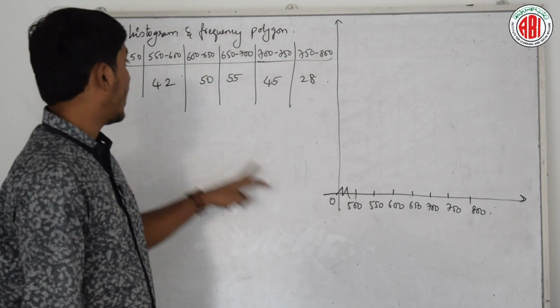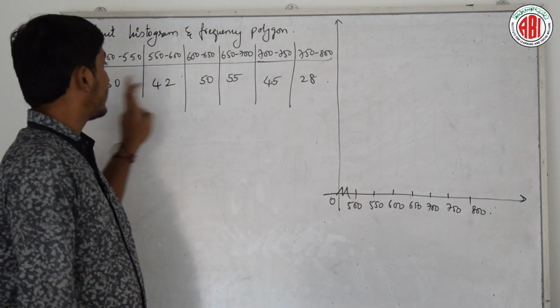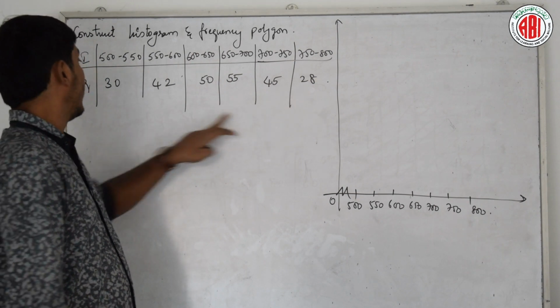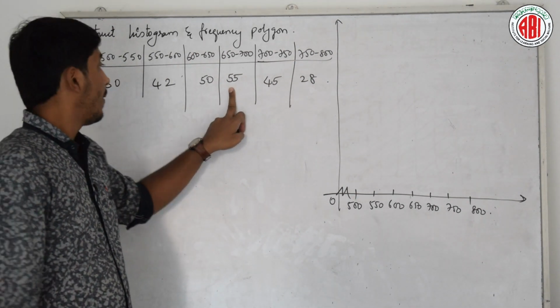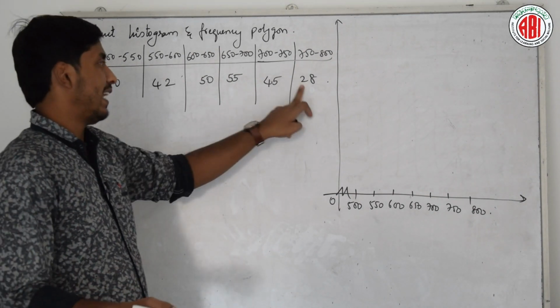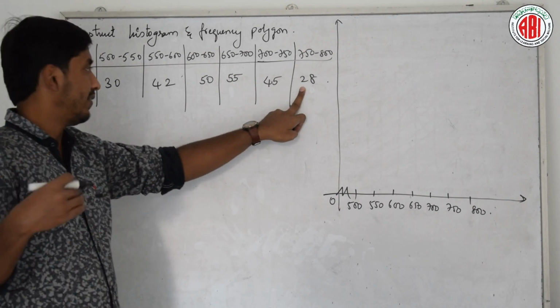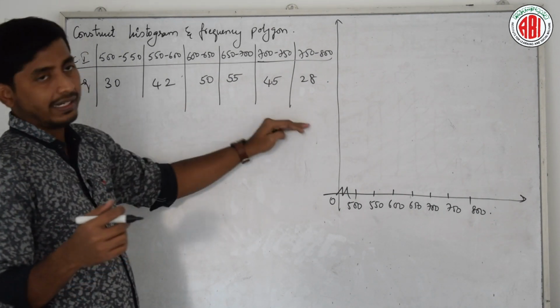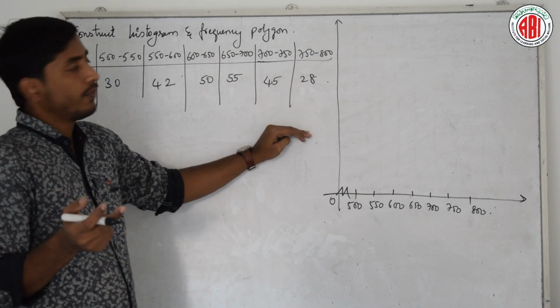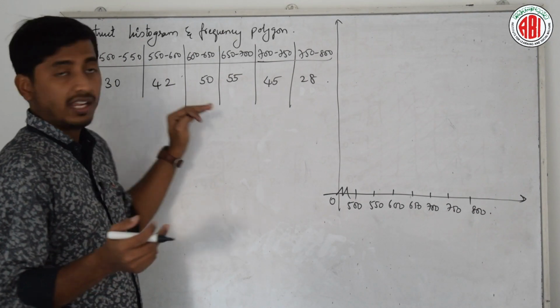After that, let us take the frequency. The least number is 28, maximum number is 55. What shall we do? Tell me. If you want, you can directly start from 25, 30, 35 like that. Or else we can take 10, 20, 30 like that. Anything is fine. Shall we take 5, 5?